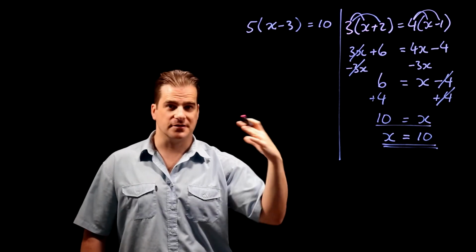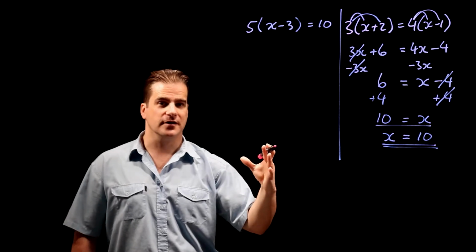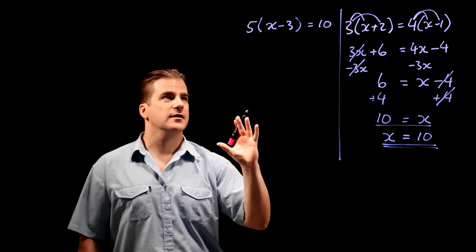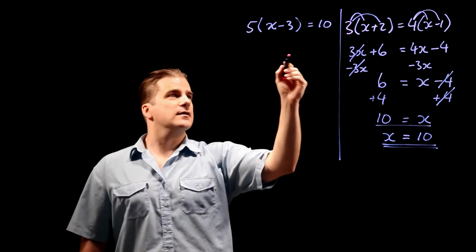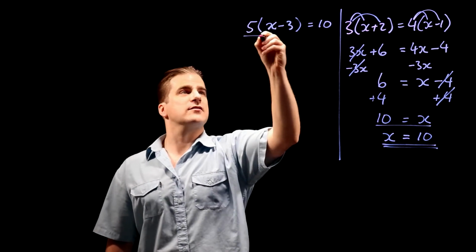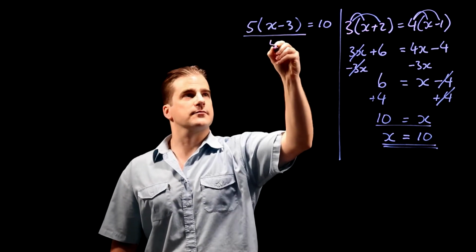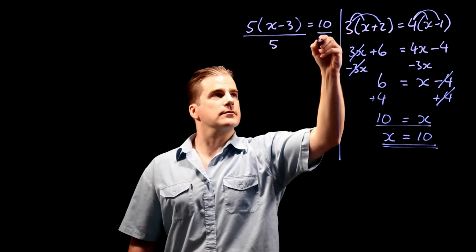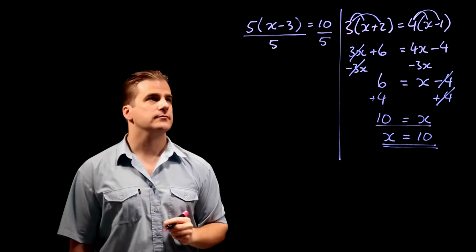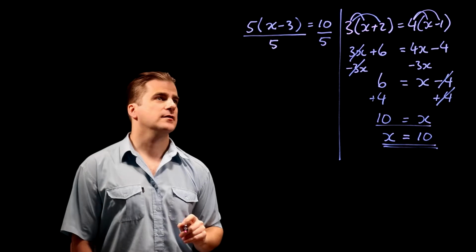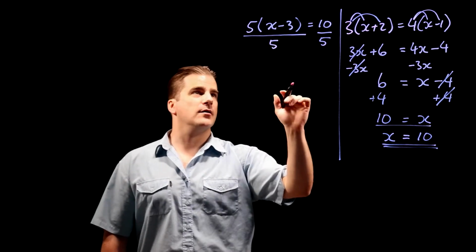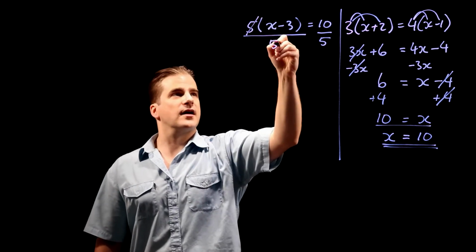Practice will help you decide what to do to make life easy for yourself. So let's try that. We're going to divide both sides by 5. Okay, we haven't multiplied out the bracket, so why did we do that? What do we get? Well, these 5's cancel.